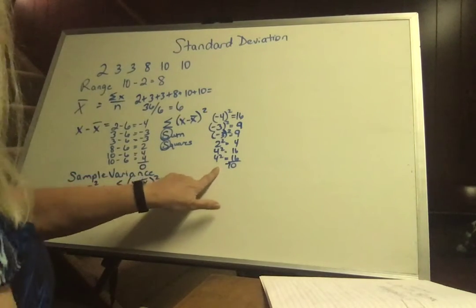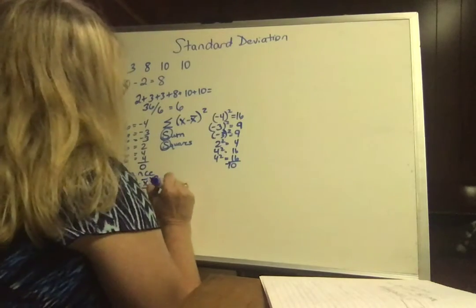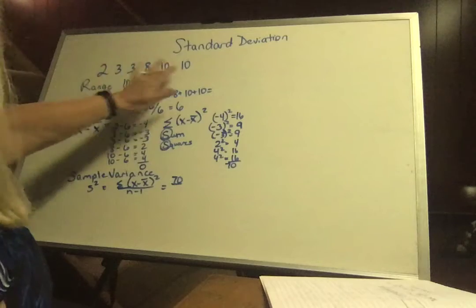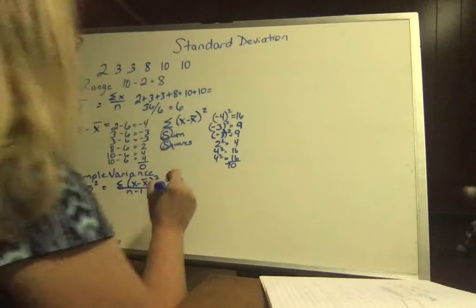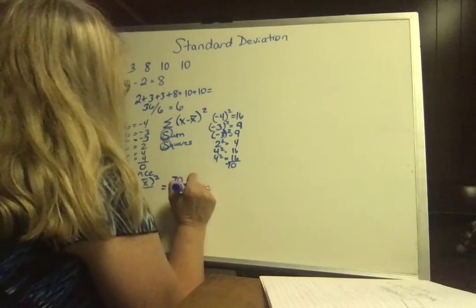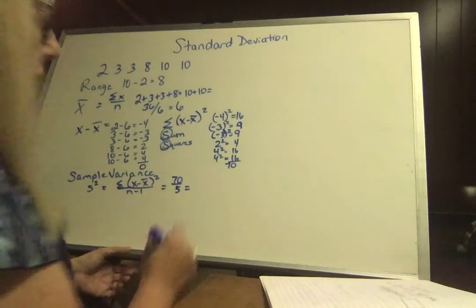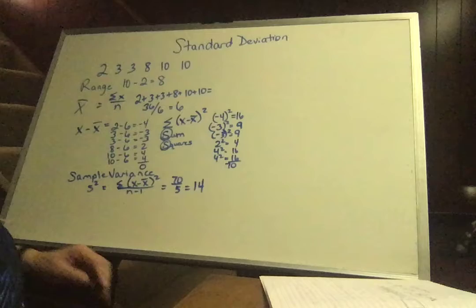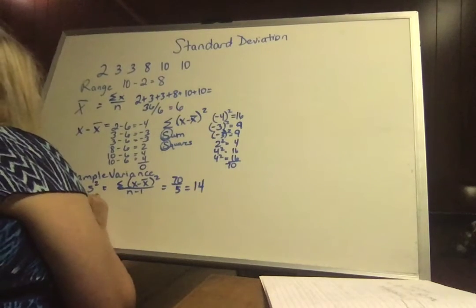So we already know that this sum is 70. And since there were 6 numbers, 1, 2, 3, 4, 5, 6, 6 minus 1 is 5. 70 divided by 5 is 14.